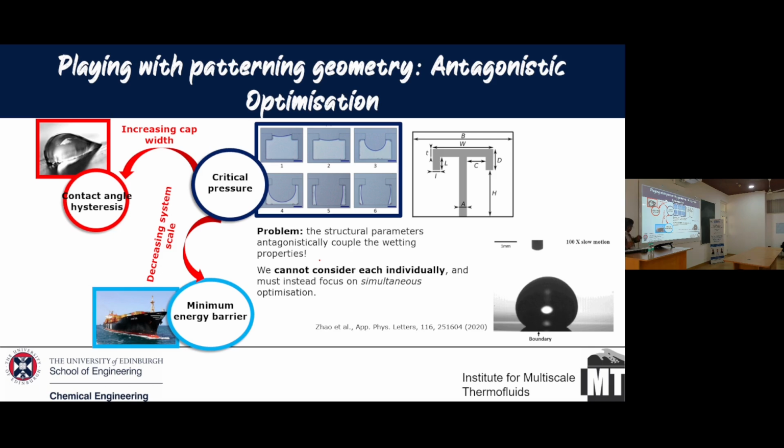So this is one example. We did a lot of modeling for this particular example. You've got certain patterning there, and you've got another set of patterning there. What we wanted to see was how the droplet can move, so it was basically enabling motion of the droplet. It's for self-cleaning substrates.